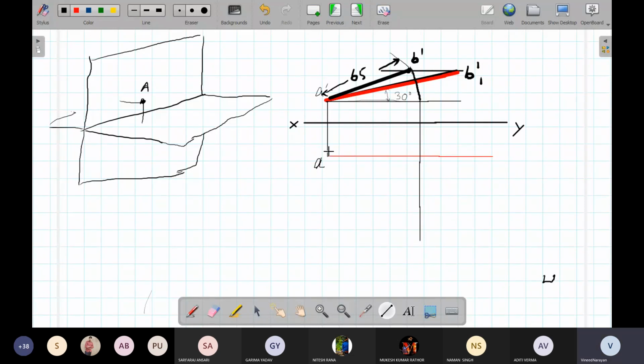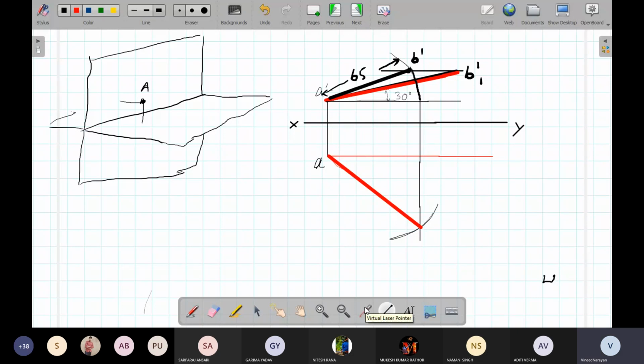Okay. Now take the compass again and mark 90. So I took the compass and marked 90. Wherever it meets this line, that is my true line. Okay.